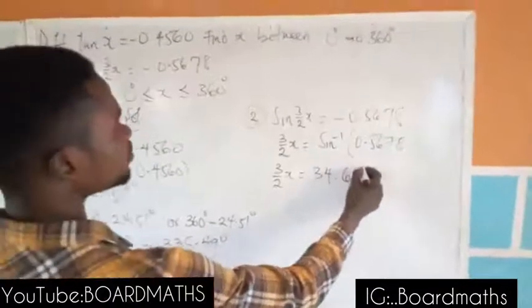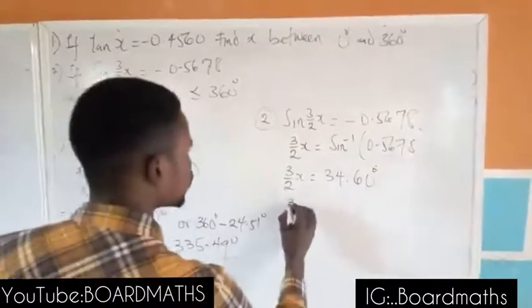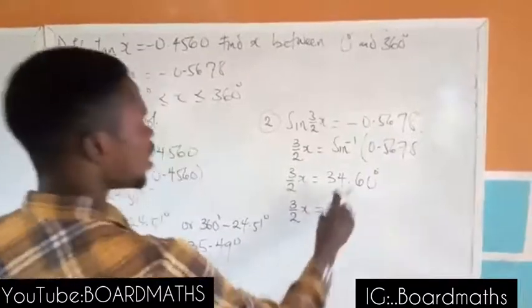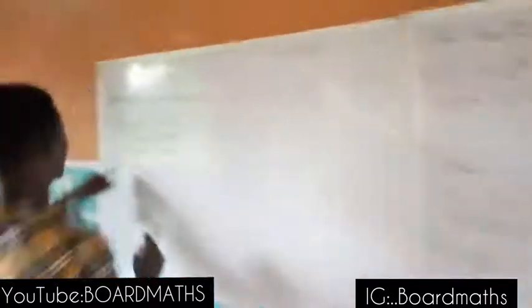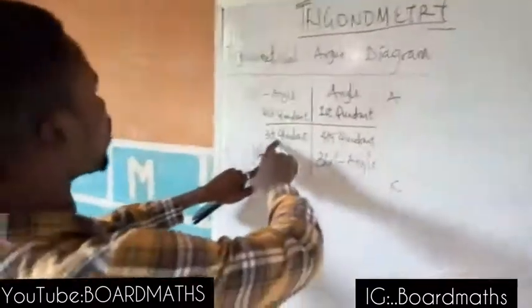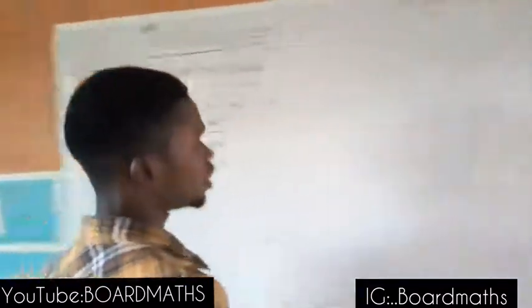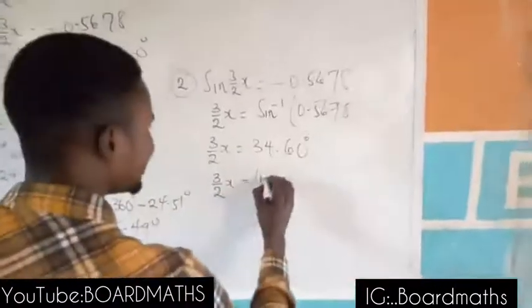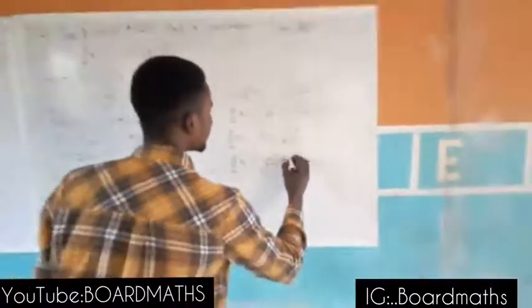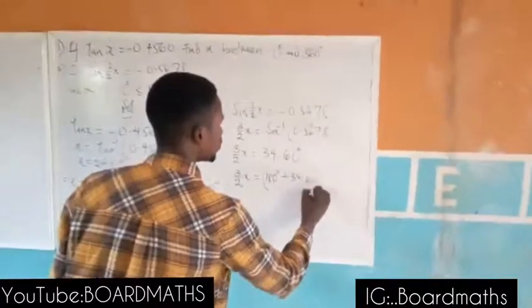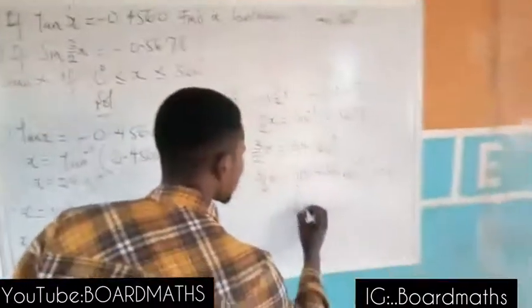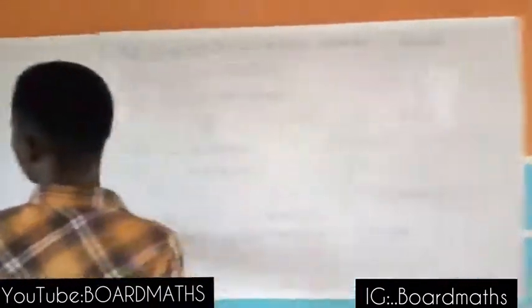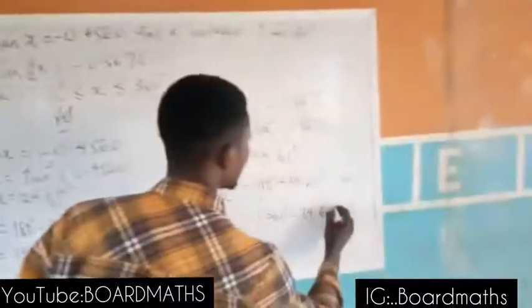That 34.60 is our angle. 3 over 2 x is negative, so it belongs to the third quadrant and the fourth quadrant. So we have the third quadrant, 180 degrees plus 34.60, or the fourth quadrant, 360 degrees minus 34.60.